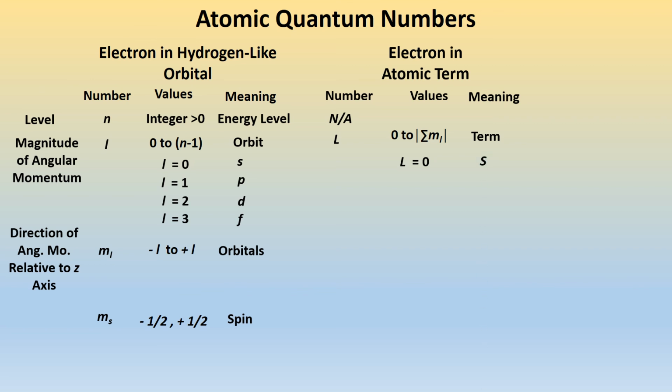For example, for an atom, a lowercase l equals 0 was a lowercase s orbit. For an atom, a capital L of 0 is a capital S term. For an electron, a lowercase l of 1 was a lowercase p orbit. For an atom, an uppercase L of 1 is a P term.